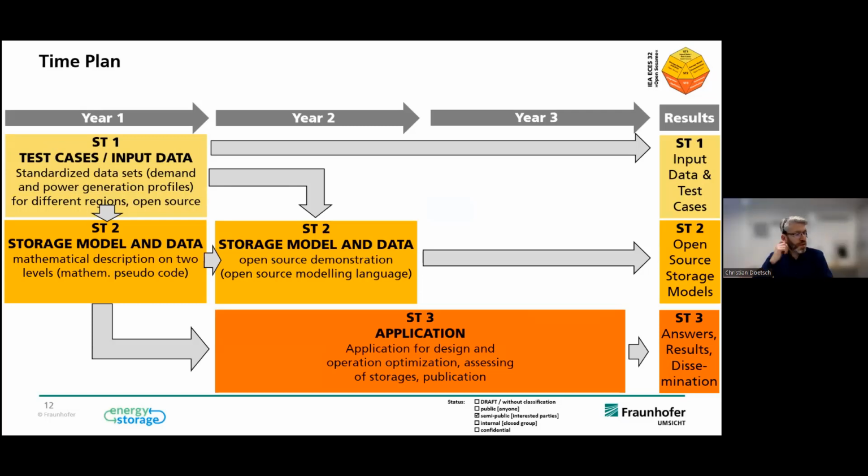You're totally right. If you have industrial applications, then you have other temperature ranges. This is at the moment not included because it was a limitation: if you go to industrial applications, it's unmanageable. There are so many different industrial applications on every temperature level between, I would say, 80 degrees and 1000 degrees if you go to a steel mill, for example. So this is not included. We can't give you a model for the steel mill or, for example, for a big chemical plant with 350 degree storage.